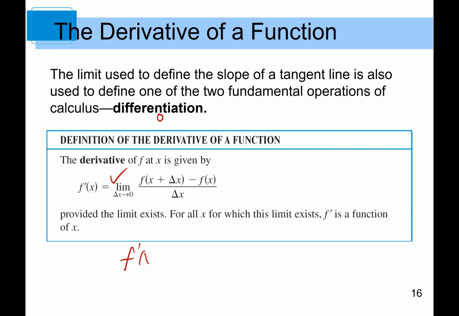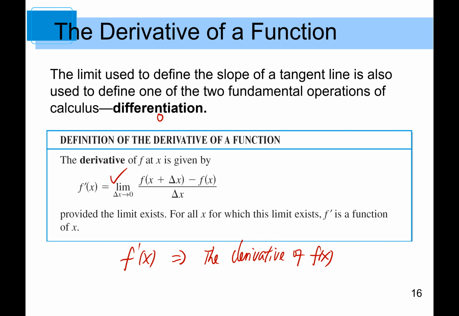This f prime of x represents the derivative of f of x. So f prime of x equals the limit as delta x approaches 0 of f(x plus delta x) minus f of x over delta x.